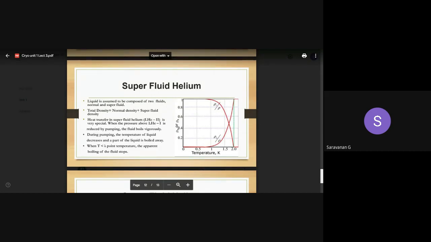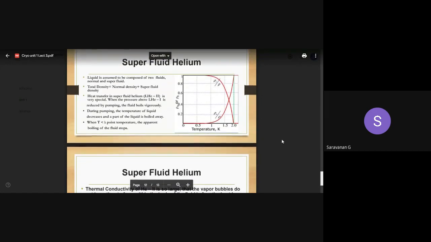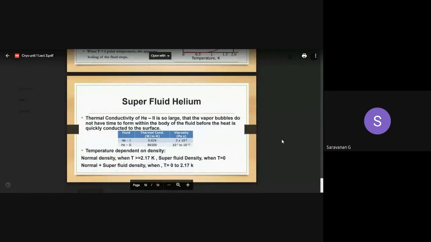The red line going downward and upward gives an idea about the density range. The ratio of superfluid density to total density ranges over 0.2, 0.4, 0.6, 0.8, 1, and it increases as the temperature increases.